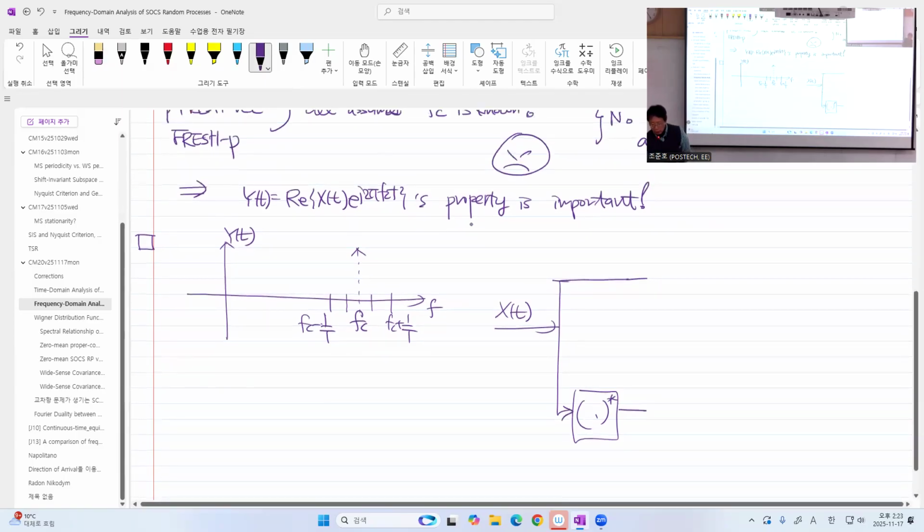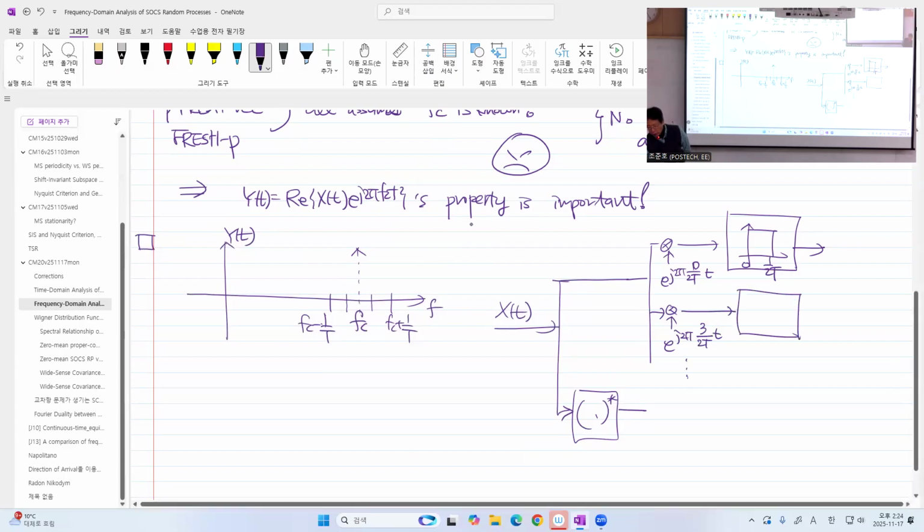And here, you modulate by 1 over 2T, and you filter with bandwidth 1 over 2T, and you have other branches.